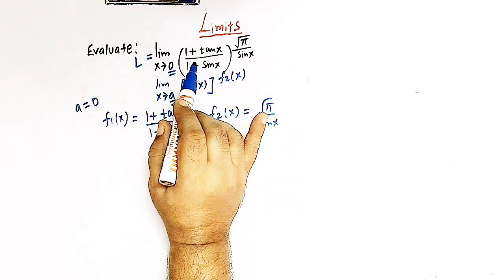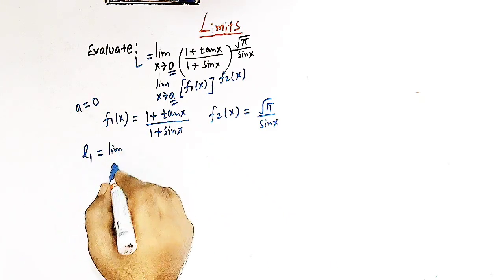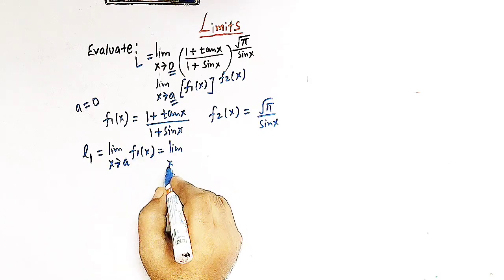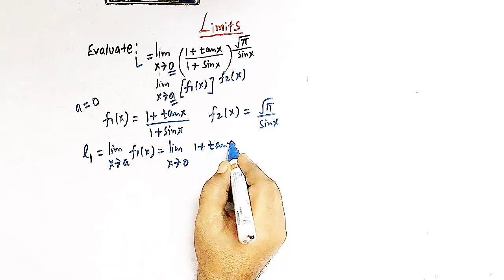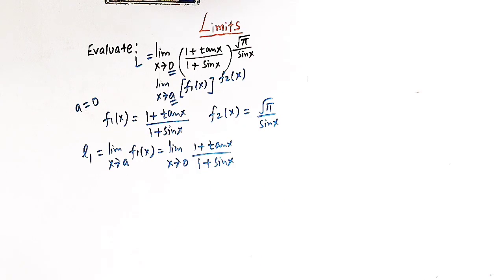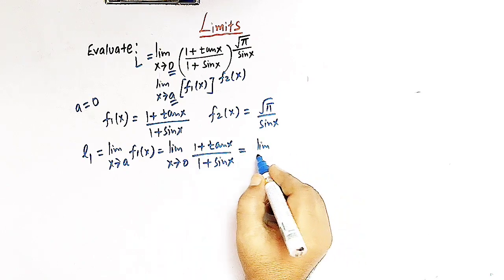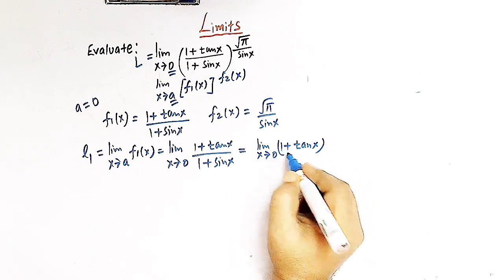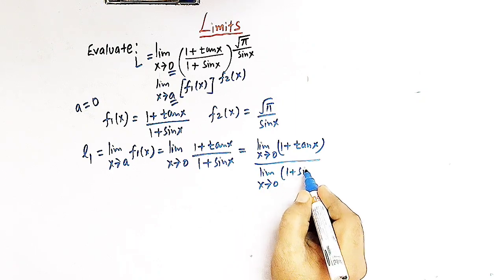So let us call this limit L, and let us first find L1, that is limit x tends to a of f1(x). So we have limit x tends to 0, and for f1(x) we have 1 plus tan x divided by 1 plus sin x. Now this limit can easily be evaluated, because we can write limit x tends to 0 of 1 plus tan x, over limit x tends to 0 of 1 plus sin x.